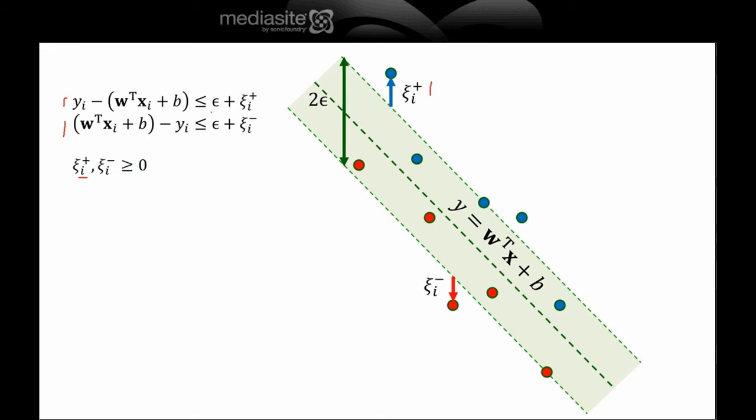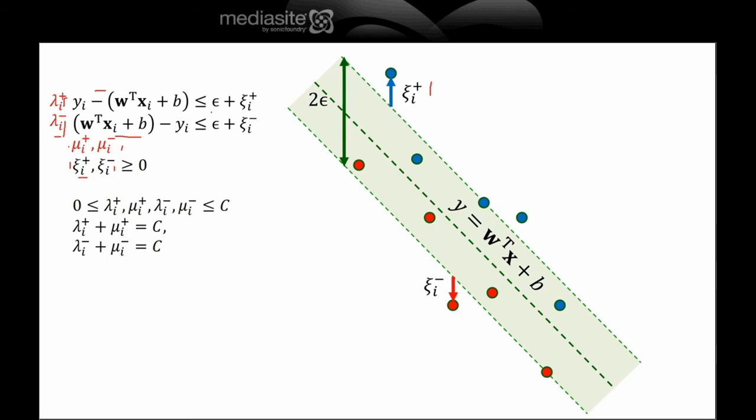Now, corresponding to these constraints, we introduced duals: lambda I plus, lambda I minus, mu I plus, and mu I minus. Lambda I plus corresponds to this constraint, lambda I minus corresponds to this constraint, mu I plus corresponds to this constraint, and mu I minus likewise corresponds to this constraint.